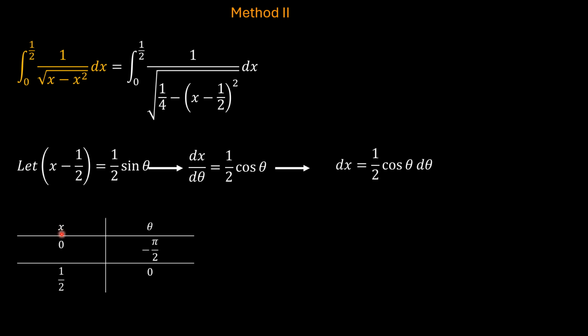The limits: when x equals 0, we have 0 minus a half equals a half sine theta. Therefore, negative a half equals a half sine theta, so negative 1 equals sine theta. The arcsine of negative 1 is negative pi over 2. And when x equals a half, we have a half minus a half, which is 0. 0 divided by a half is 0. Arcsine of 0 is 0.